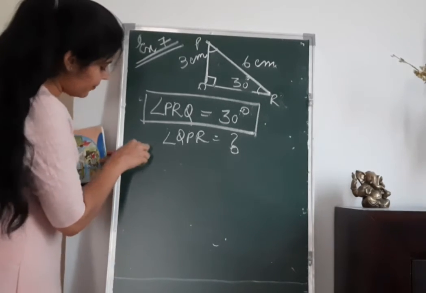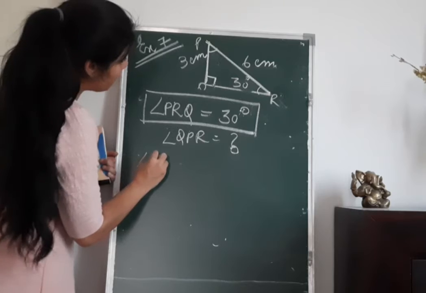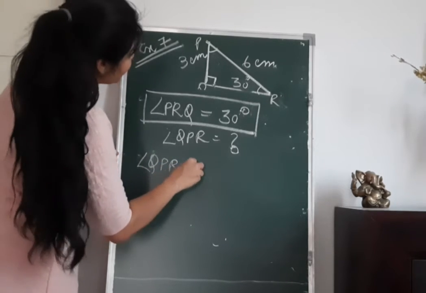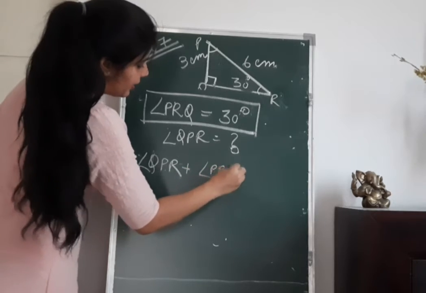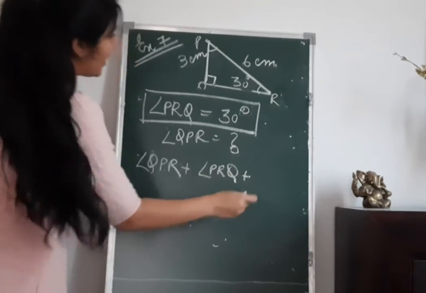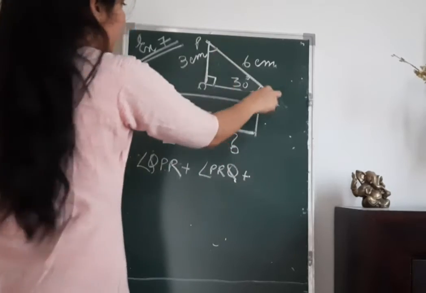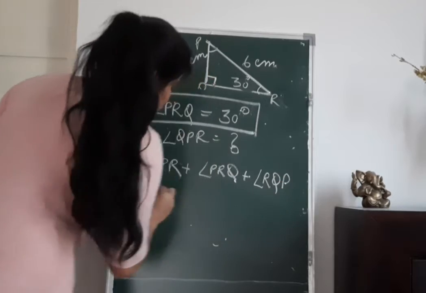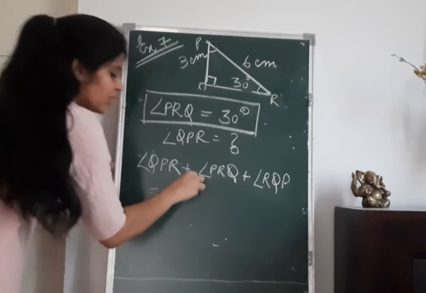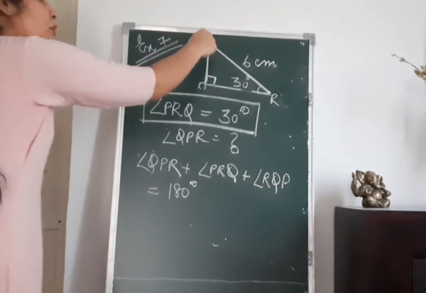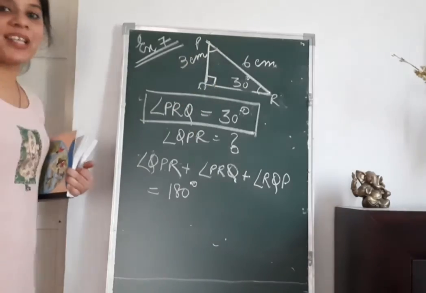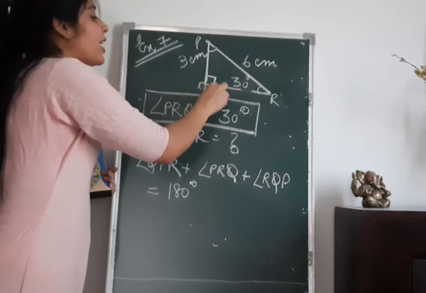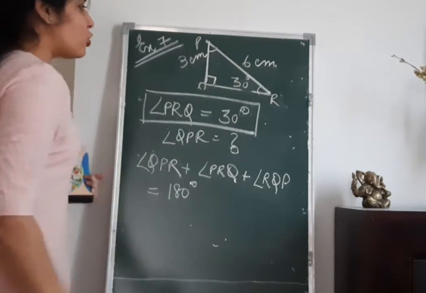So can I say that angle QPR plus angle PRQ plus angle RQP is supposed to be equal to 180 degree, using the property of triangle that the sum of all the internal angles of the triangle is equal to 180 degree. Now what is angle QPR?